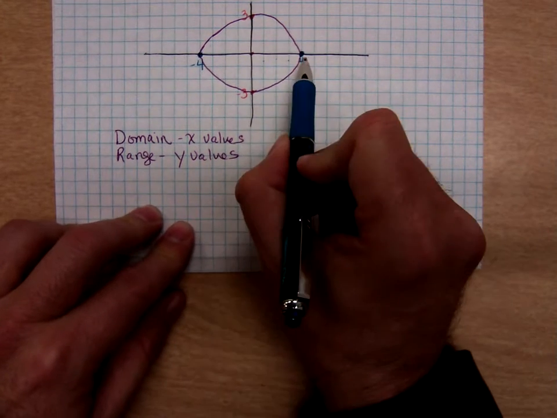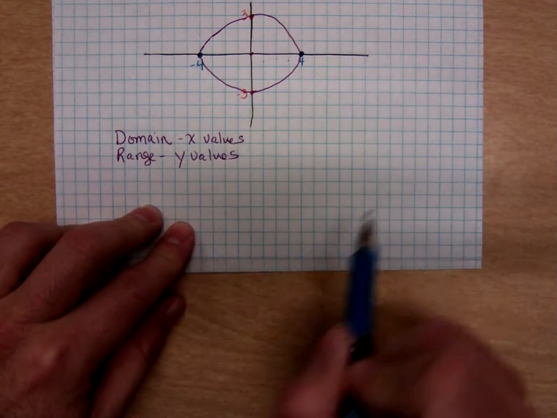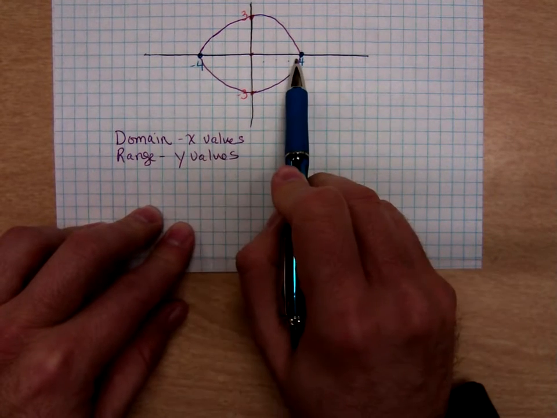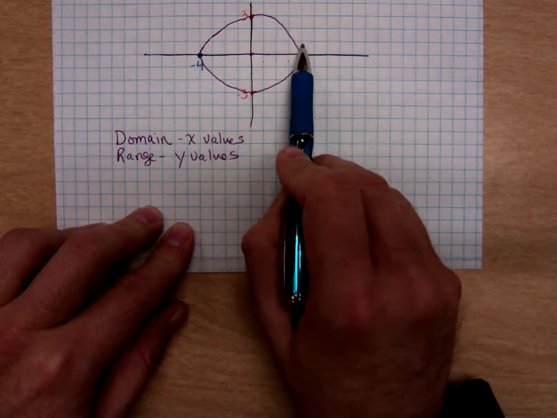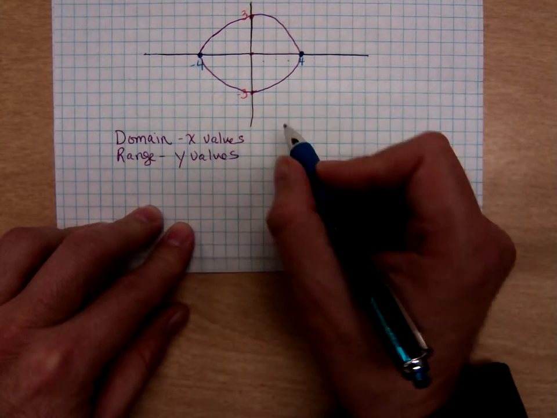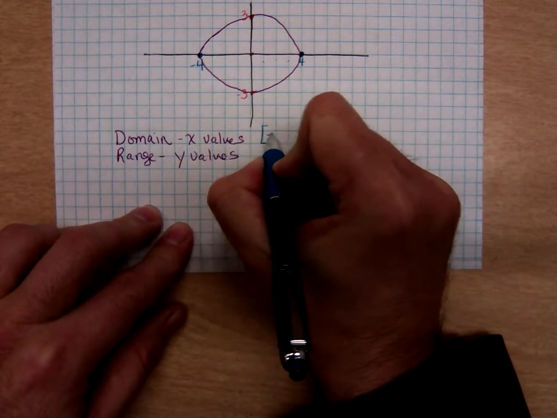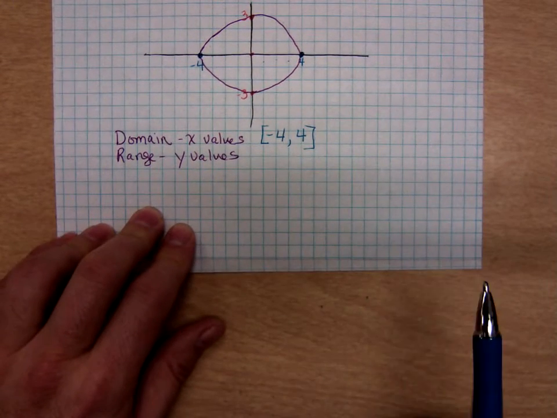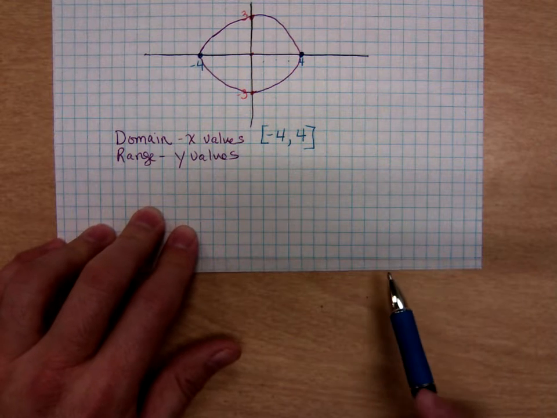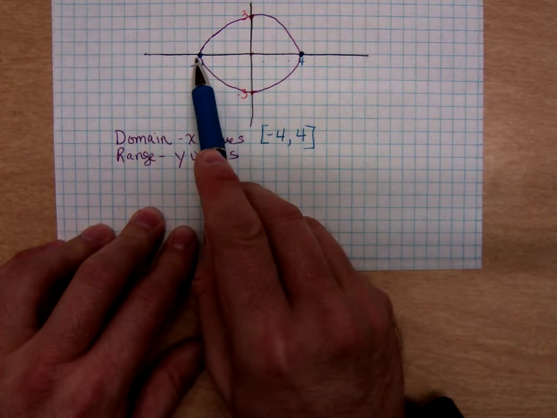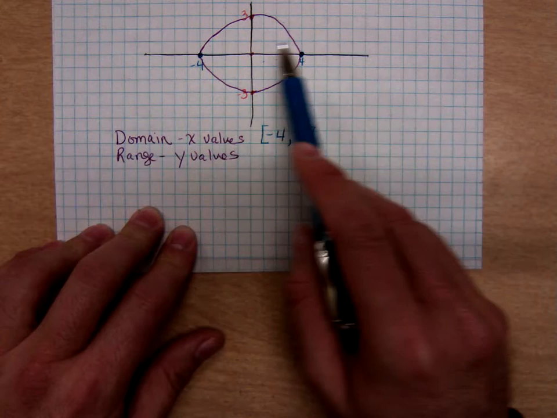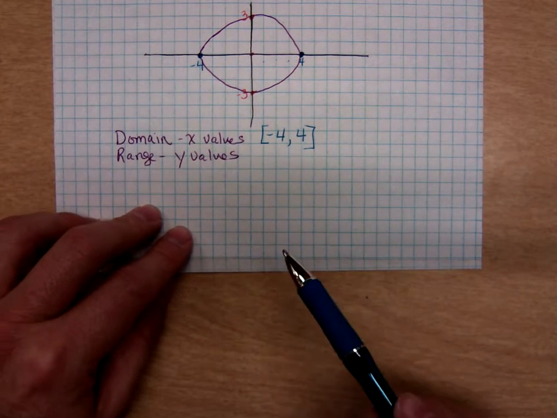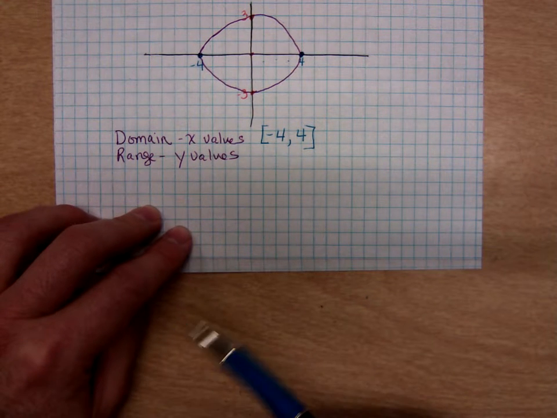All the x values are between what two numbers? -4 and +4. All the x values on this graph are between -4 and +4. So the way we say all real numbers between -4 and +4, including -4, there's a point at -4 and there's a point at +4, is with interval notation. Remember that little bracket means include the number.